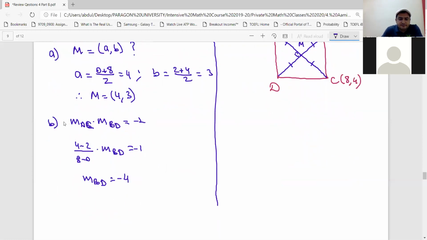That is the first step. Next step: now we know it's passing through this point M, and the gradient equals -4. The equation of BD will be (y minus 3) over (x minus 4) equals the gradient, negative 4.